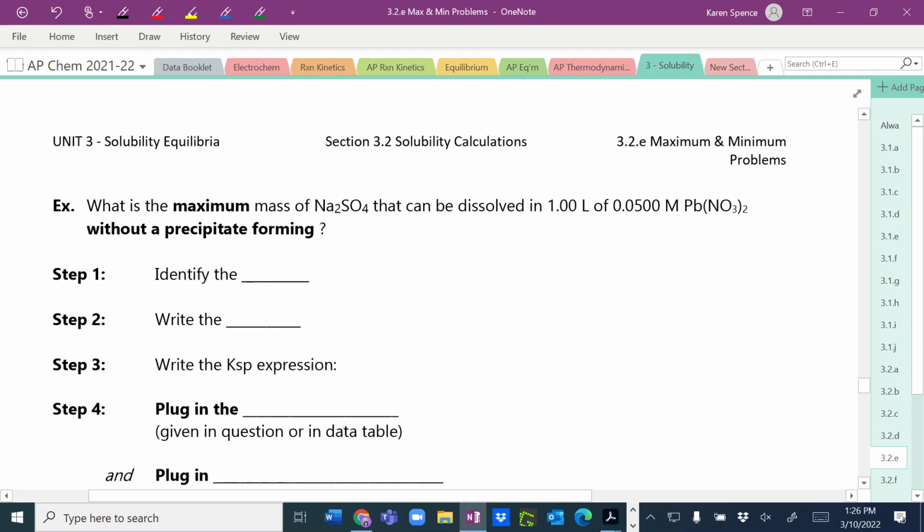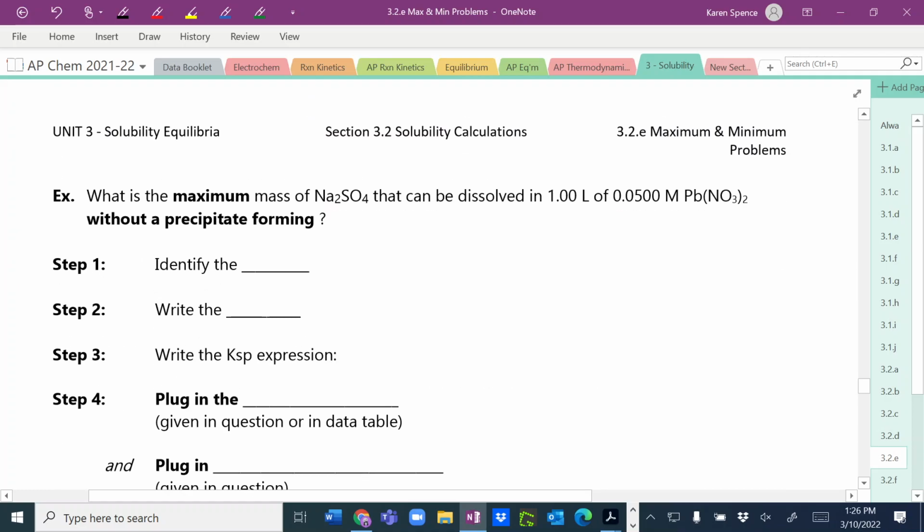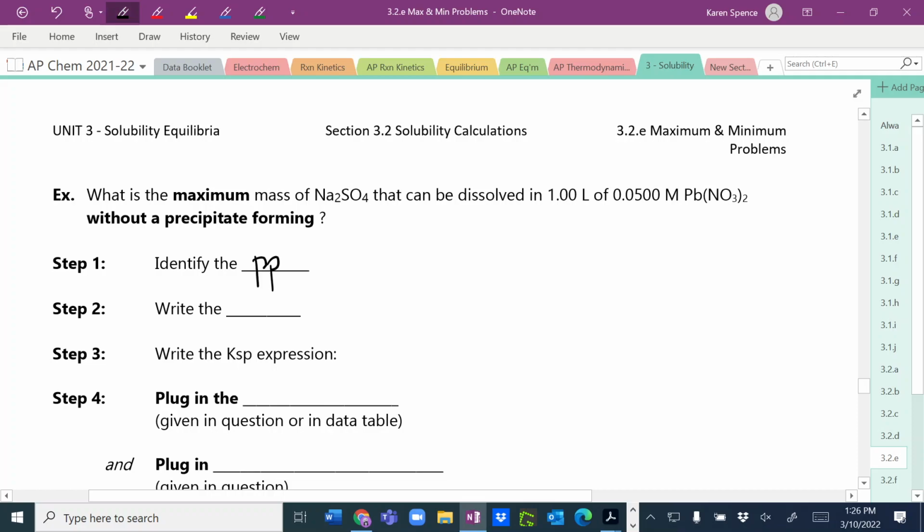What is the maximum mass of Na2SO4 that can be dissolved in 1 liter of 0.0500 molar lead nitrate without a precipitate forming? Step number 1, we identify the precipitate. Who is our precipitate?